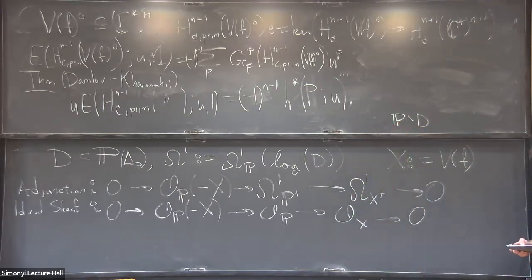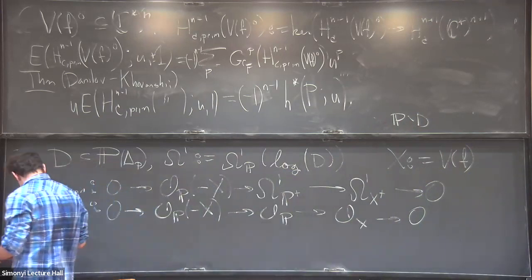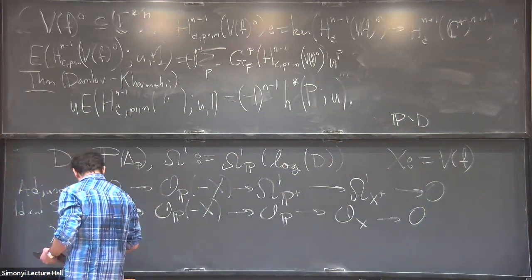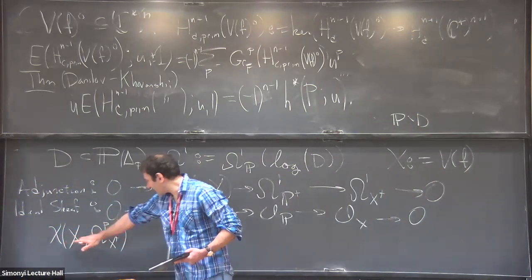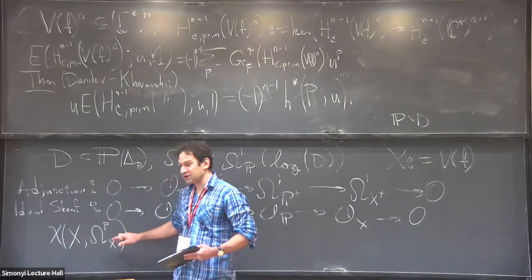Sounds like it's about divisors, but where does the cotangent bundle come in? Oh, because I'm interested in the chi-y characteristic.